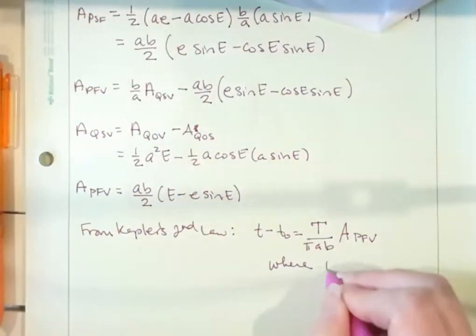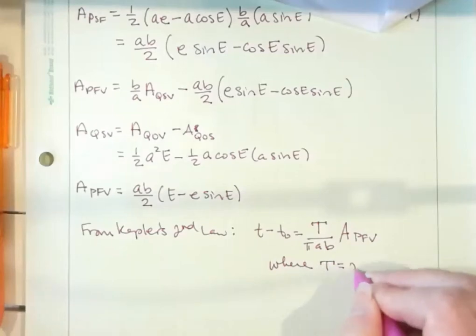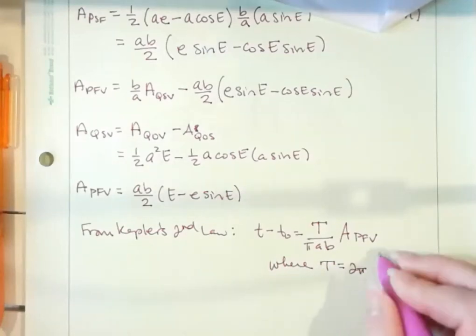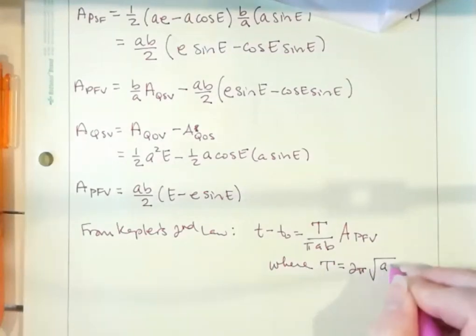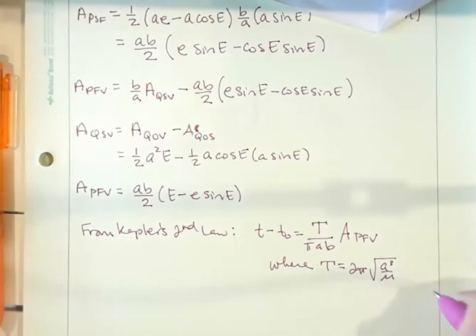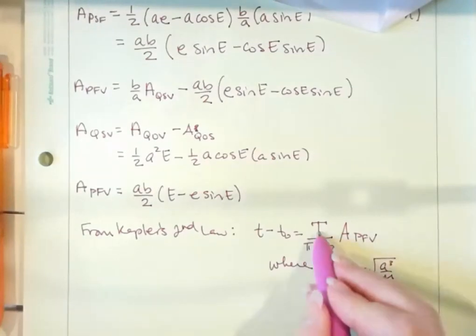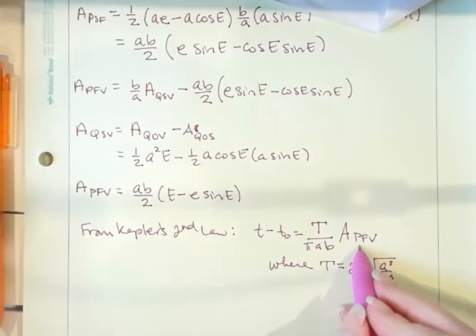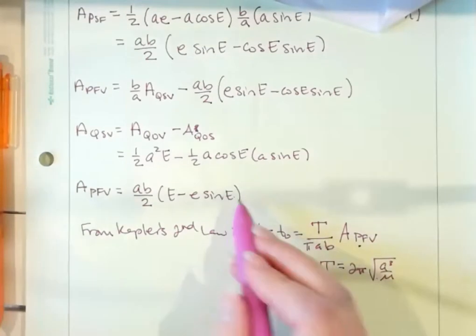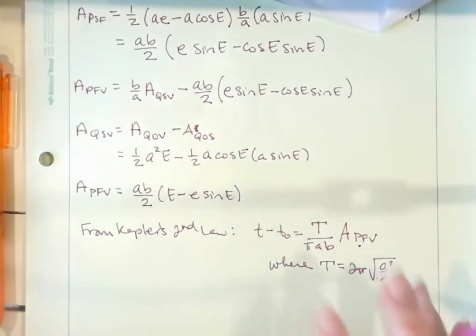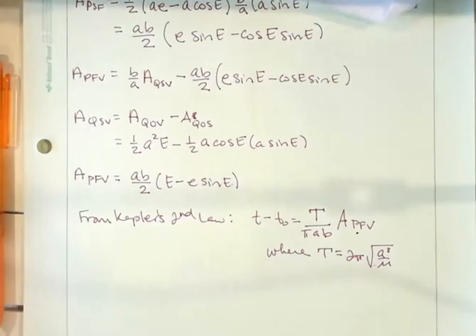And remember, your period equation is 2 pi times the square root of a cubed over mu. So now that we have this, let's plug in what we know. We have this equation for T, we have an equation for this area right here. Let's plug that in, and then some of the stuff's going to cancel out.